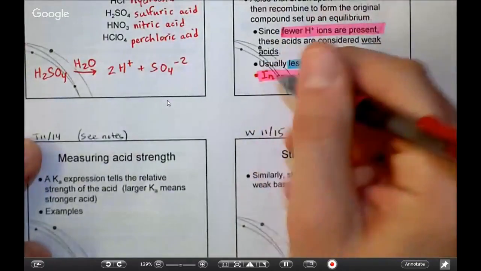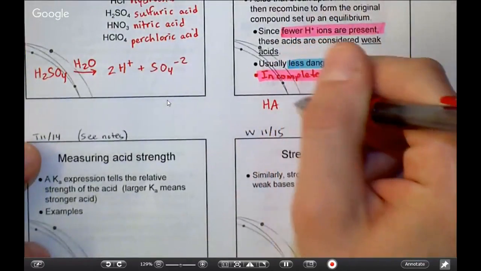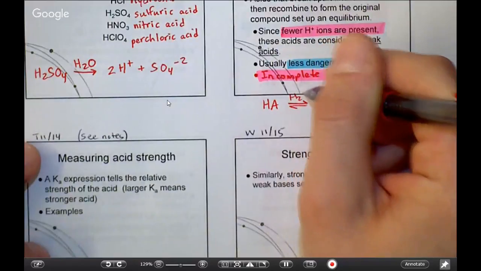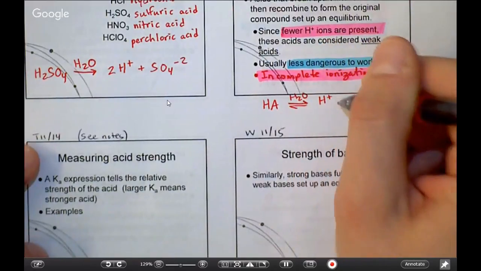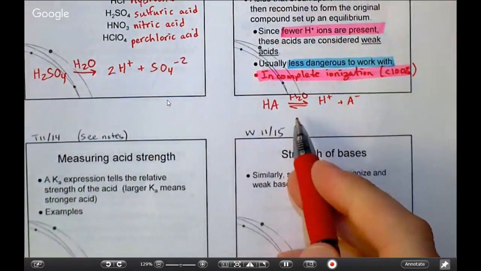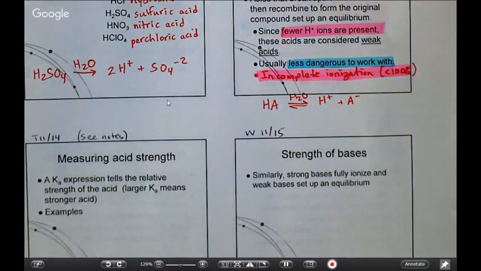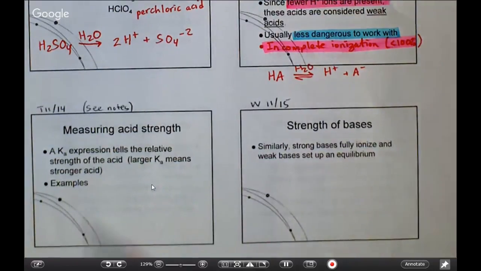With weak acids, if you have an acid with water, we still produce our H plus ions, but notice we have this equilibrium set up. That means the reaction is reversible because it's not complete ionization. You get equilibrium, and it's the fact that it's equilibrium that we're going to take advantage of here in terms of acid strength.